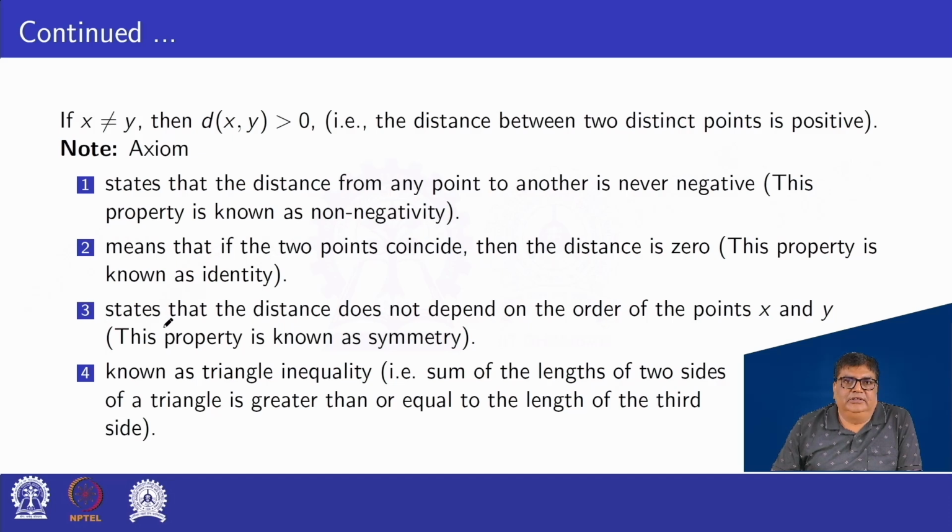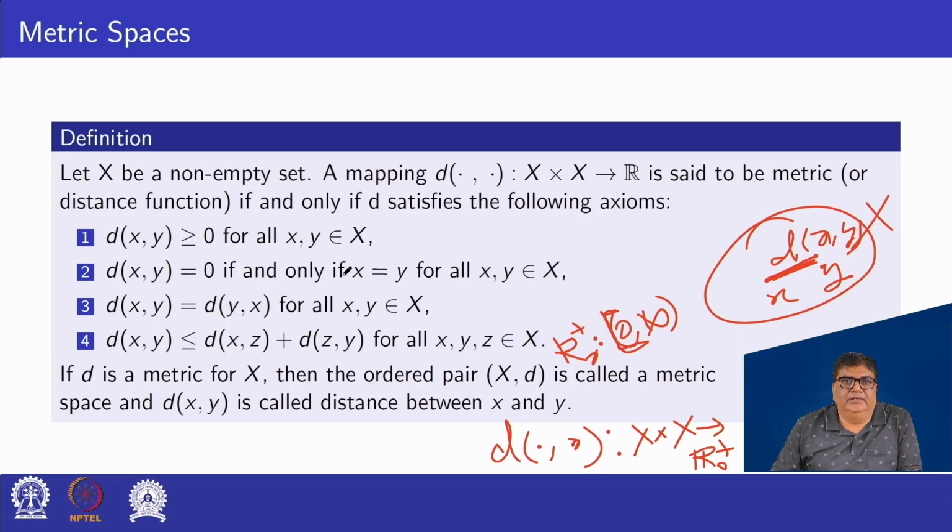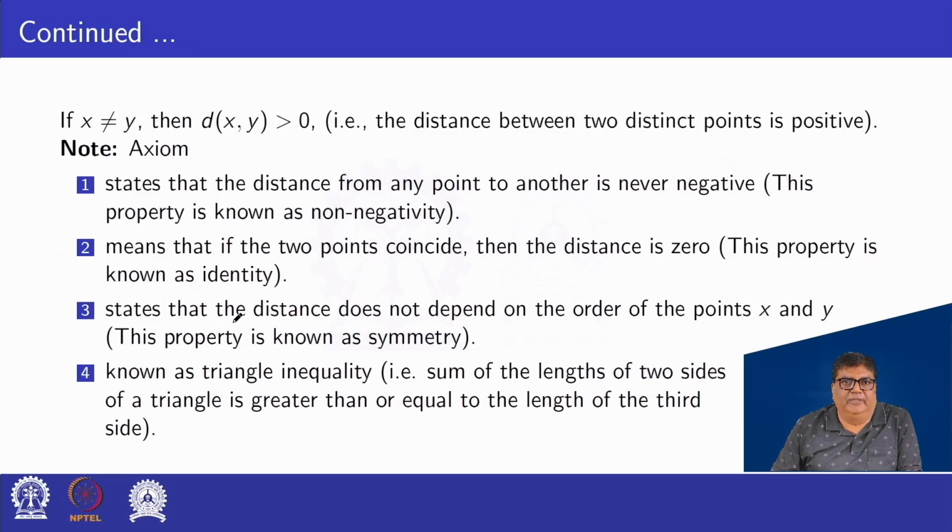Third states that the distance does not depend on the order of the points x and y. That is, d(x,y) is equal to d(y,x). Here, the order of the points doesn't matter. This property is known as symmetry.